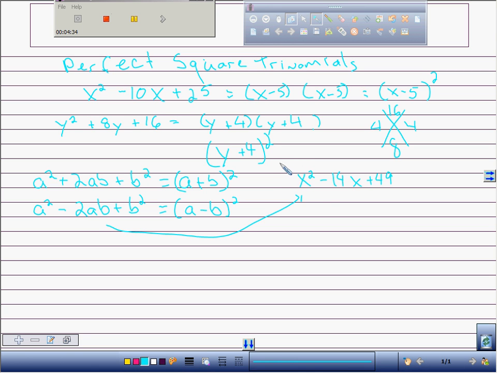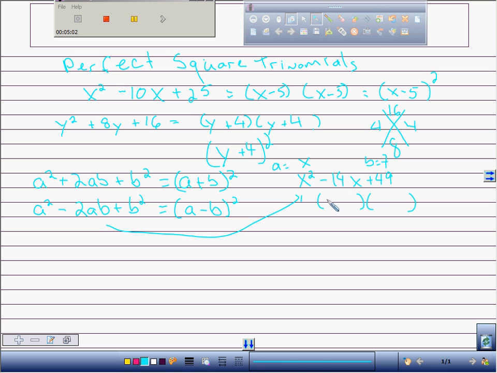What's a in this case? A is x. What's b? B is, this is b squared, so what's b? 7.